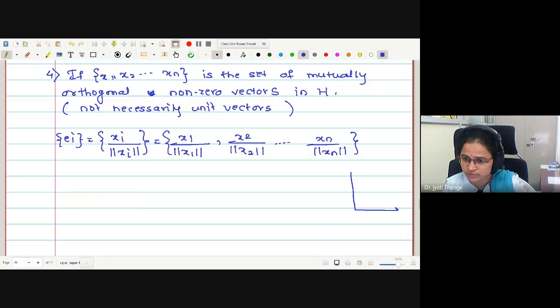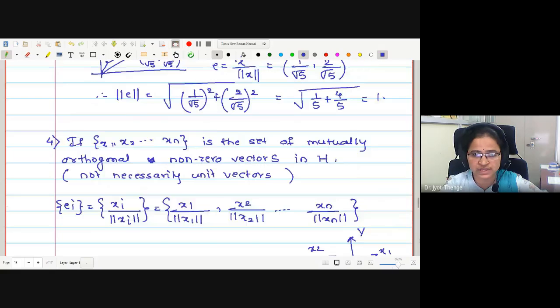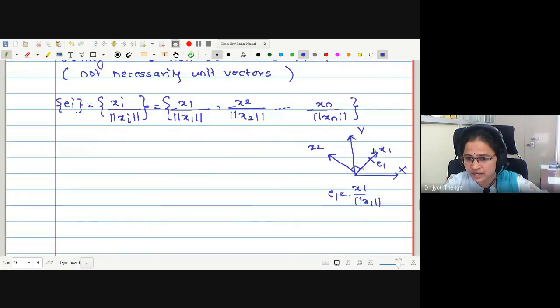In R2, I will show only. Suppose these are the two vectors orthogonal to one another, say x1 and x2. These are orthogonal. Now these are not unit. Therefore, we will divide the vectors by their norm. And somewhere is the location, say E1. What is E1? x1 upon norm of x1, as I have shown you in this example. We are dragging x1 back to E1 so that E1 will be a unit vector.